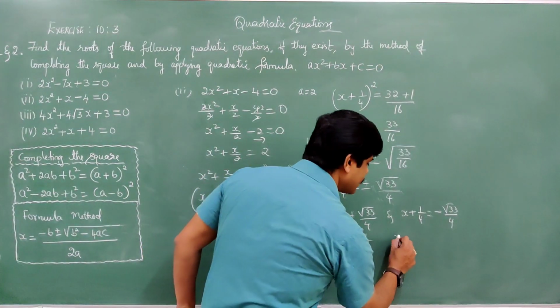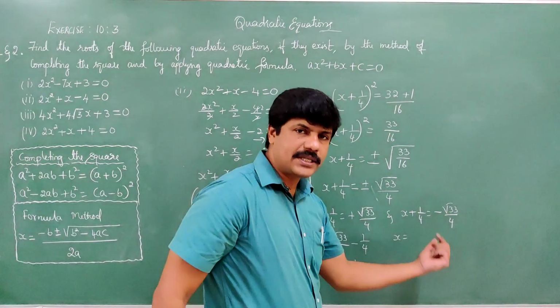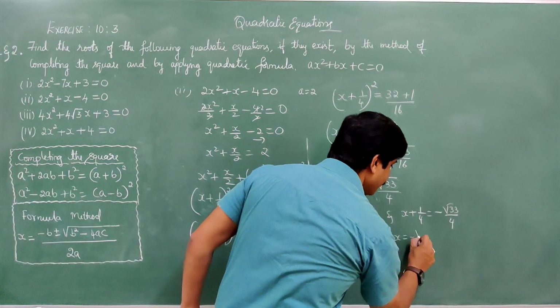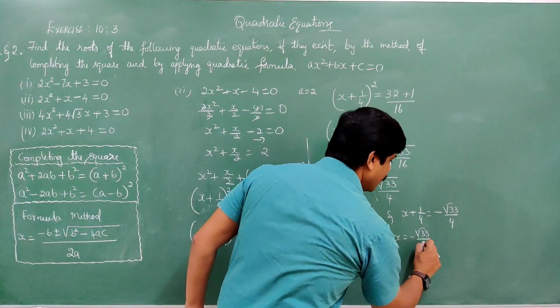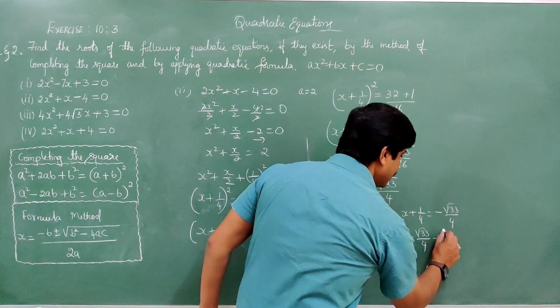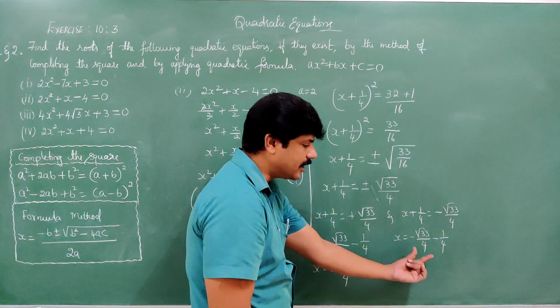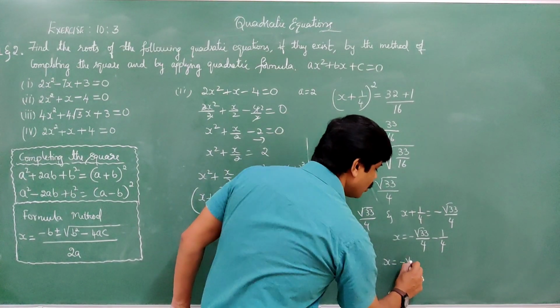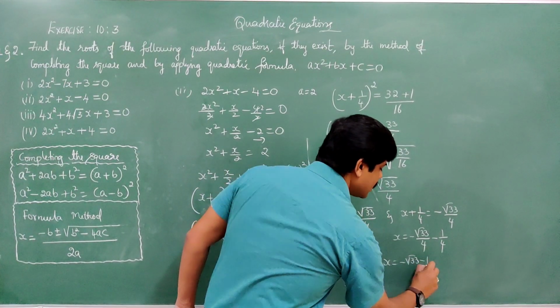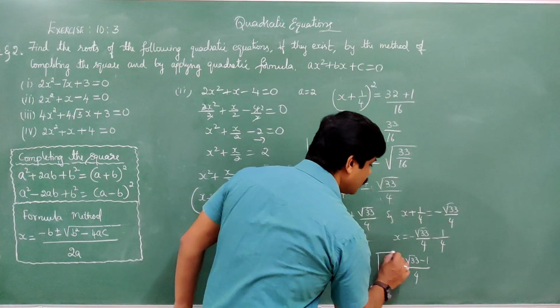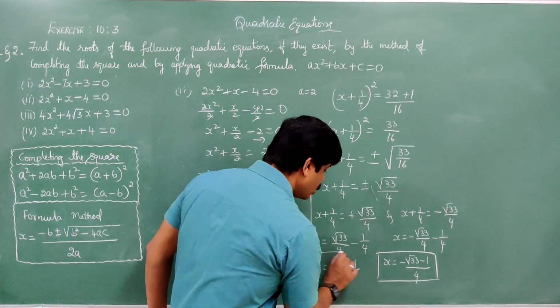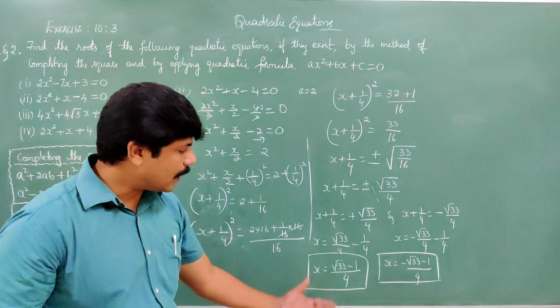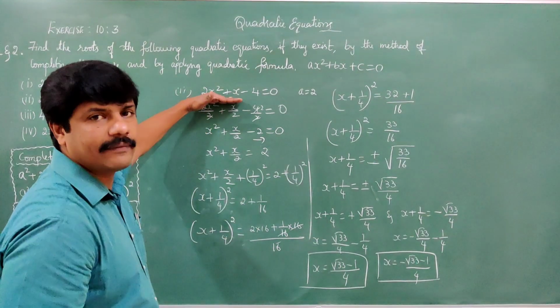Similarly, transferring plus 1/4 becomes minus 1/4: x = minus root 33/4 minus 1/4. The denominator is common as usual, so x = (minus root 33 minus 1) whole divided by 4. These are the two roots of this equation.